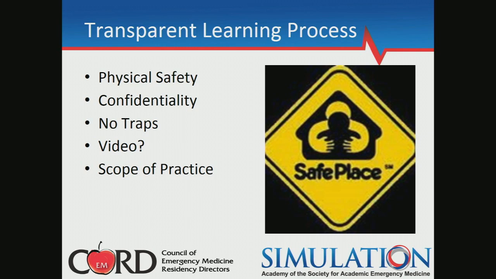There's some controversy about traps in simulation and whether it's okay to insert traps and tricks into your sims. I think that it's only okay if it serves your objectives. If your objective is to have your learner practice discussing a death with a family member, then by all means have your simulated model die so that your learner can practice that.